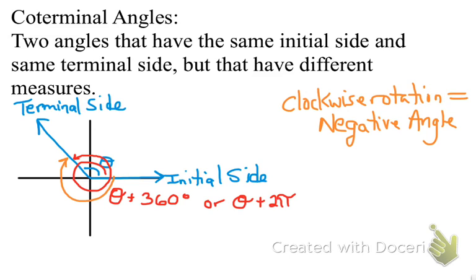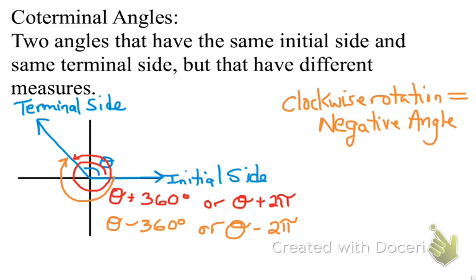And so in this case, we started at the same initial side, ended at the same terminal side, but we've got a new angle that isn't our original theta, and it's actually the difference between theta and a full rotation, which is 360 degrees again, or 2 pi radians.